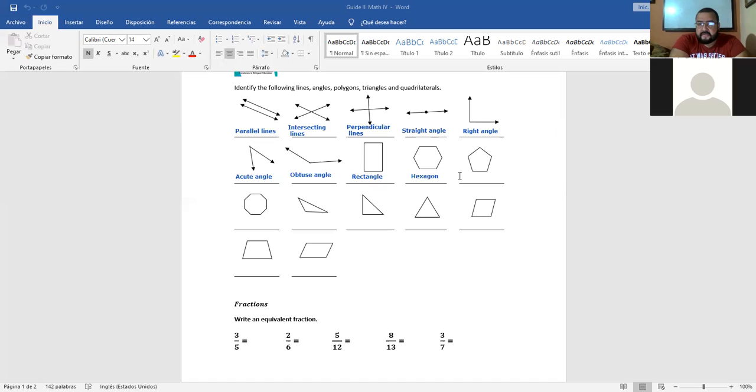A polygon that has five sides and five vertices, its name is pentagon. A polygon that has eight sides and eight vertices, its name is octagon.